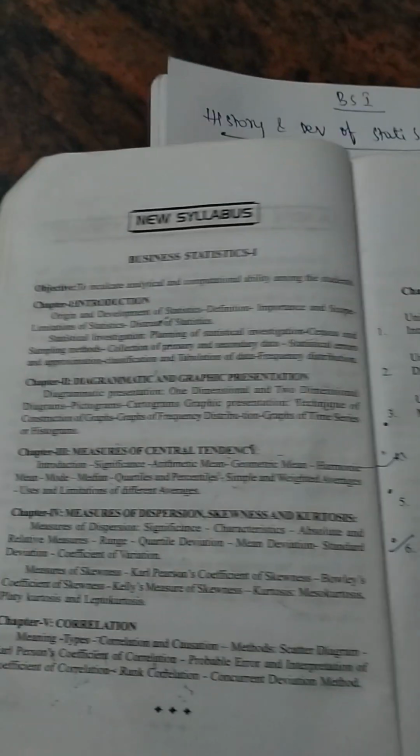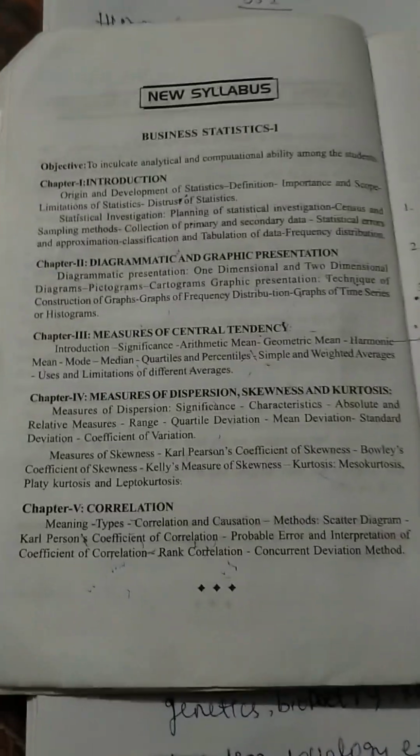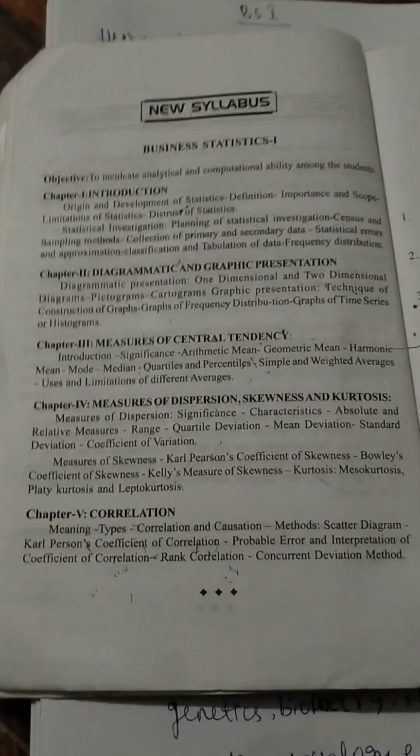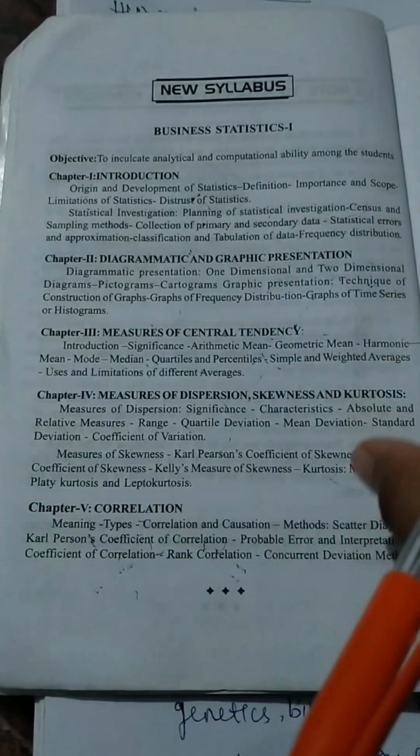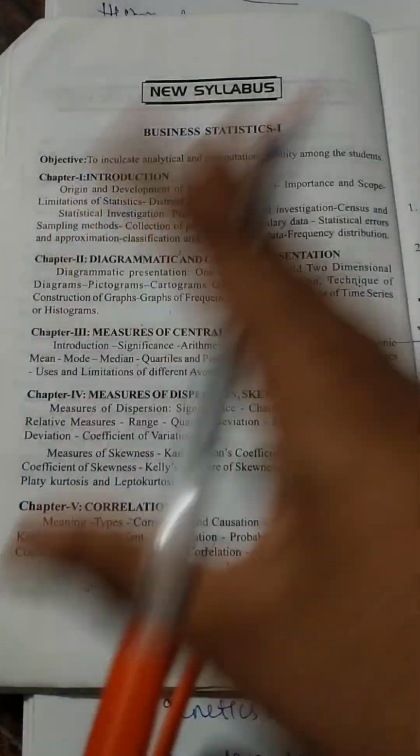So what does it mean? Statistics gives the information concisely; paragraph information we cannot read. No one will have that much time and patience. But statistics has that advantage. We can easily understand by looking at the picture, the graphic presentation or a pie diagram.